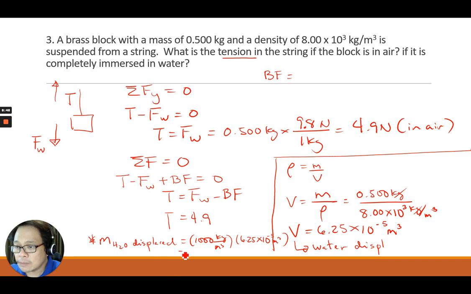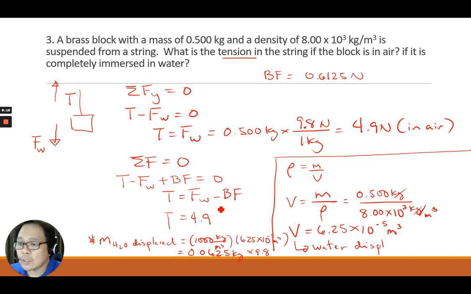This will give us 0.0625 kilograms. What is 0.0625 kilograms in terms of newtons? We multiply this by 9.8 to get the newton. So the buoyant force is 0.0625 times 9.8. It's going to be 0.6125 newtons.